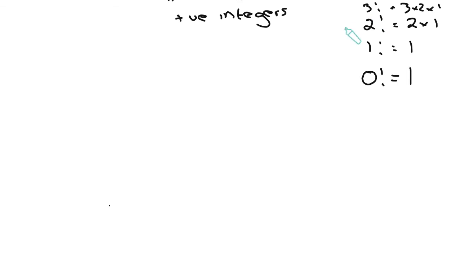And one of the ways you can think that that makes sense is a bit like when we were working out what made sense for negative indices. We can think the pattern here is we divide by 3, we divide by 2, and so logic says we should divide by 1.